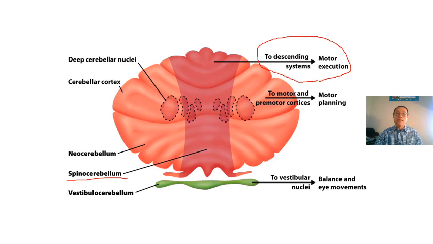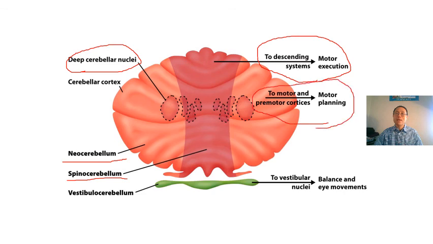The neocerebellum has several parts. The one I really want to talk about is the deep cerebellar nuclei. These give rise to projections that synapse onto the motor cortex and also the premotor cortex, and a lot of these are involved in motor learning.